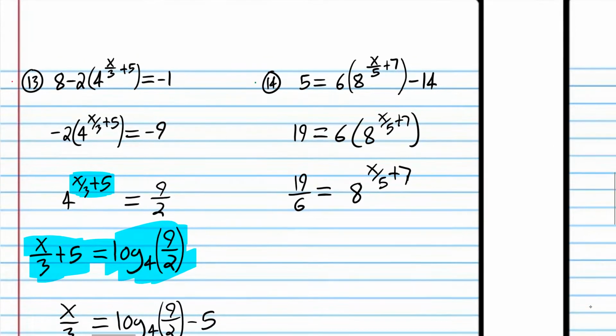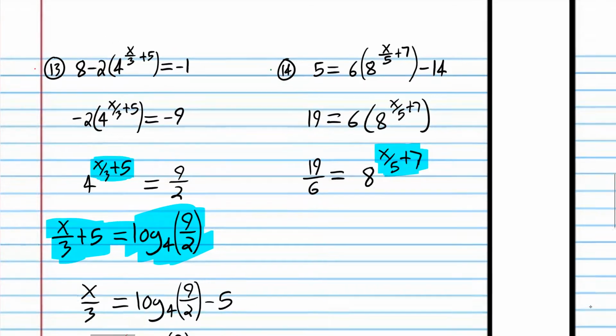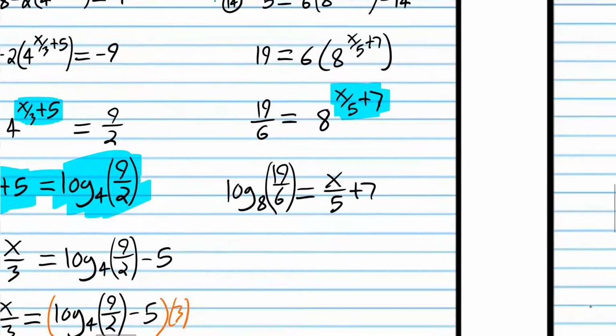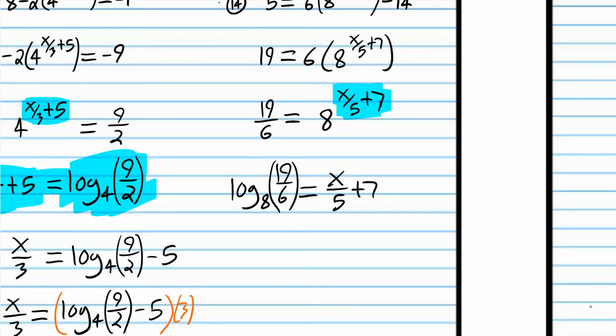And so now I can't do this. It's impossible. We don't have the skills. We don't have the knowledge. So we have to use a calculator. So whatever that blue power is, it's going to be equal to log base 8 of 19 over 6. And please put parentheses around the 19 over 6 to avoid confusion.